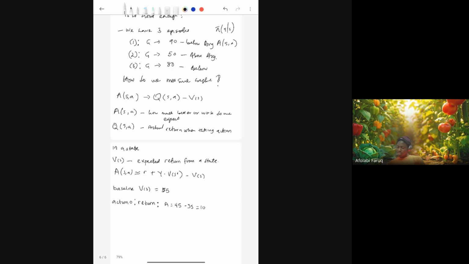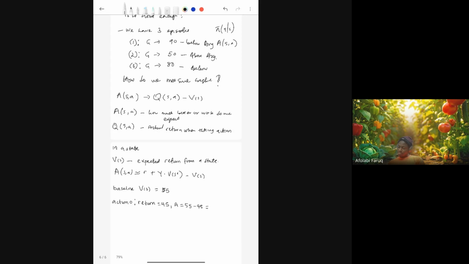Now, if return equals 45, then A equals 45 minus 55.